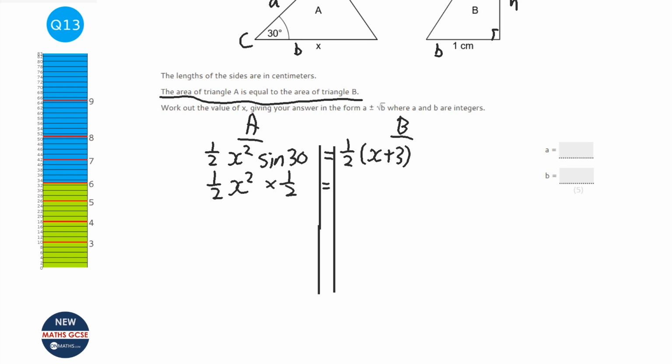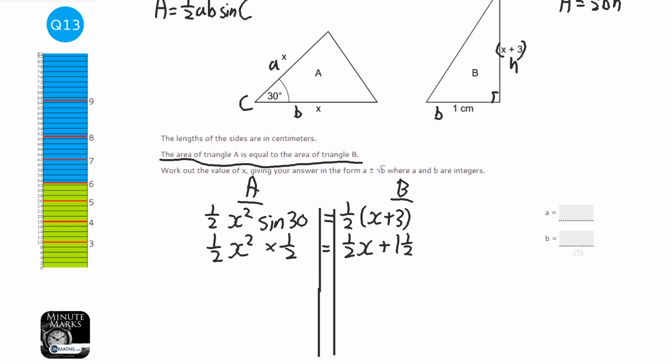We've got loads of videos on exact values that you need to know, and I think there's 8 of them you need to know. I probably got that wrong. But anyway, so we're going to expand the bracket. So half x plus, and half of 3 is going to be 1.5. Am I sure? Yeah, that's right.